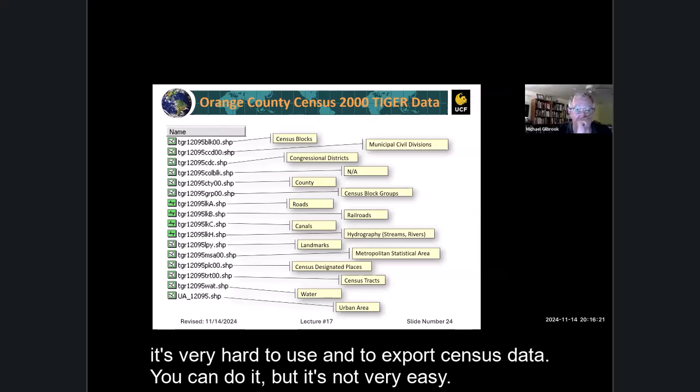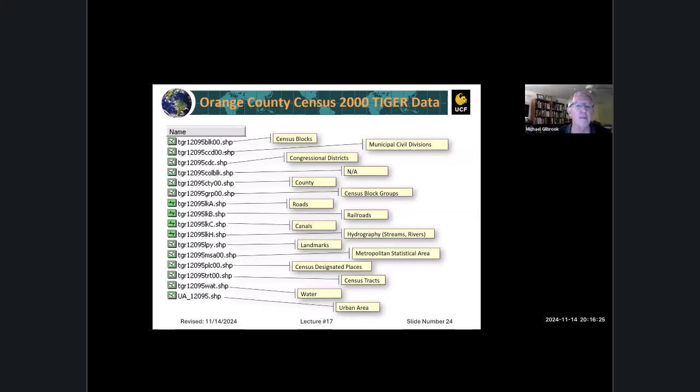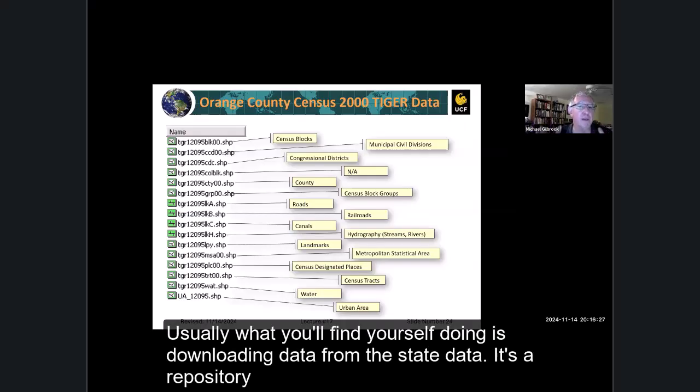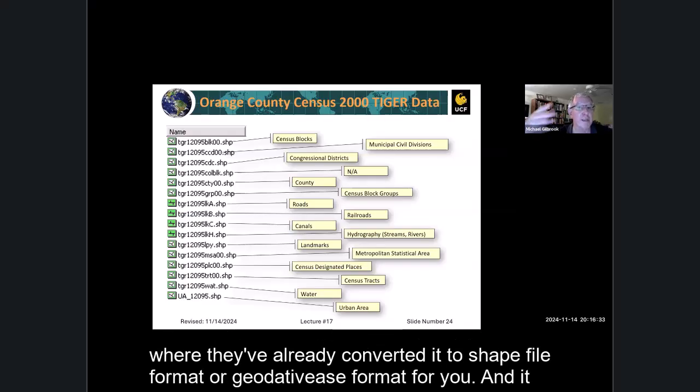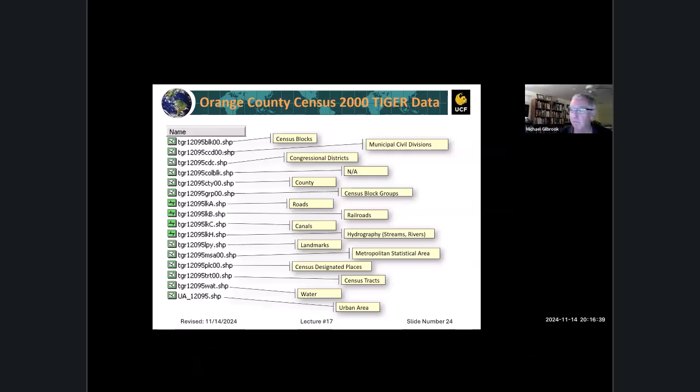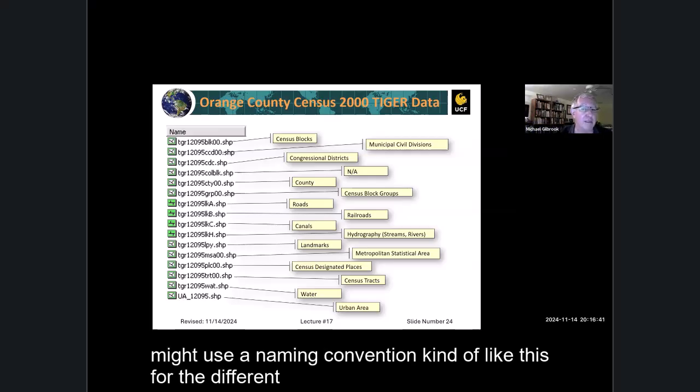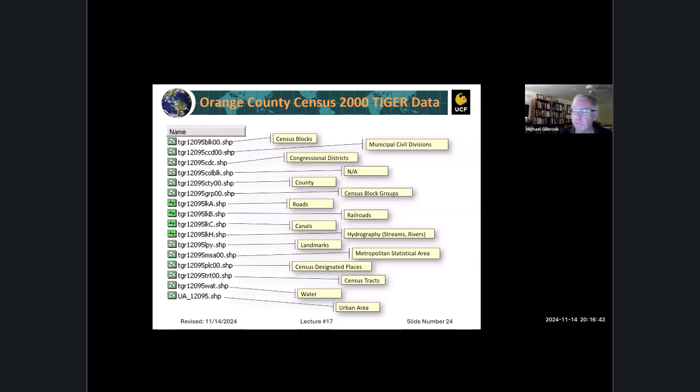And to export census data, you can do it, but it's not very easy. Usually what you'll find yourself doing is downloading data from the state data depository where they've already converted it to shapefile format or geodatabase format for you. And it might use a naming convention kind of like this for the different layers.